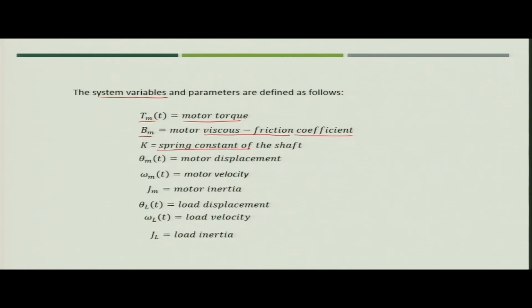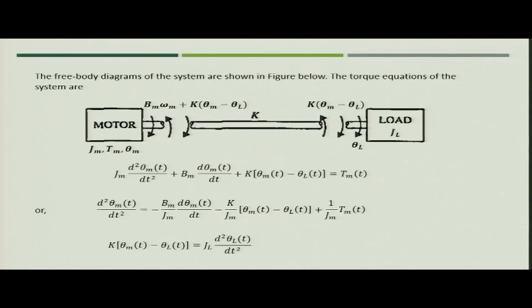K is the spring constant of the shaft, theta m is motor displacement, omega m is motor velocity, Jm is motor inertia, theta L is load displacement, omega L is load velocity and JL is the load inertia. So, we will use these variables to define the free body diagram of the system.